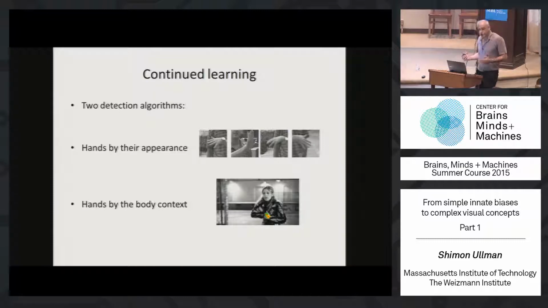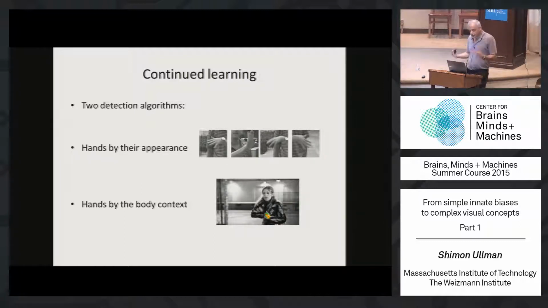The two subsystems in this case: one is the ability to recognize hands by their appearance. I can show you just an image of a hand without the rest of the body or the rest of the image, and you know by the local appearance that this is a hand. You also know, here you cannot even see the hands of this woman, but you know where the hands are. So you can also use the surrounding context in order to get where the hands are.